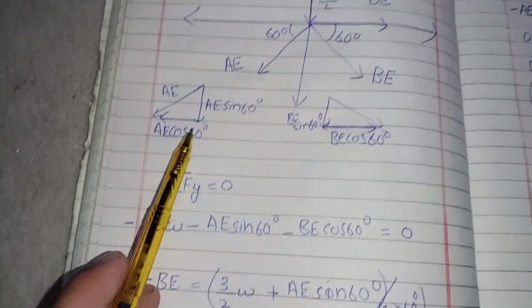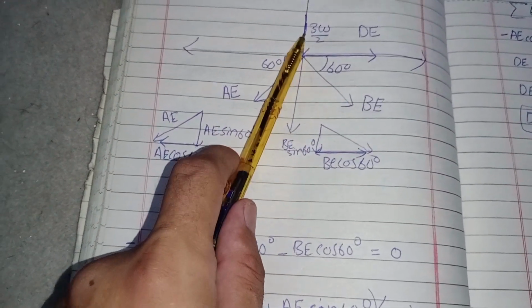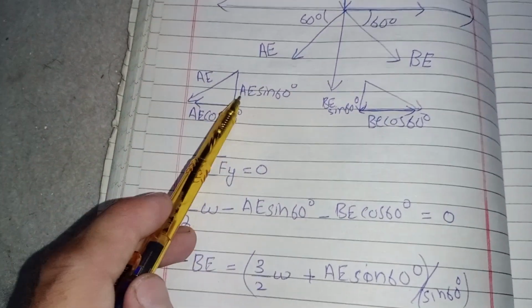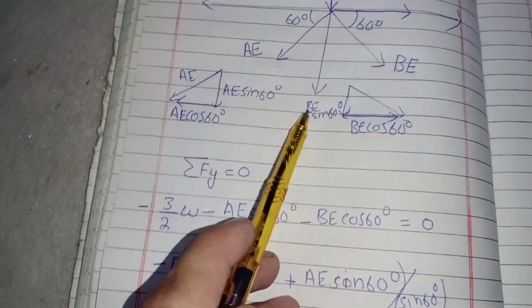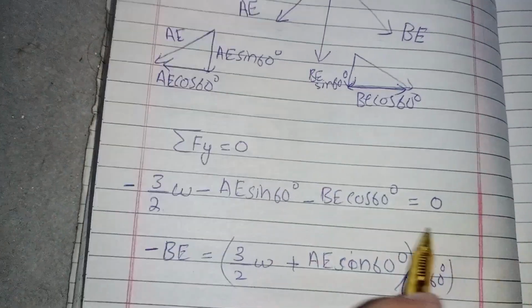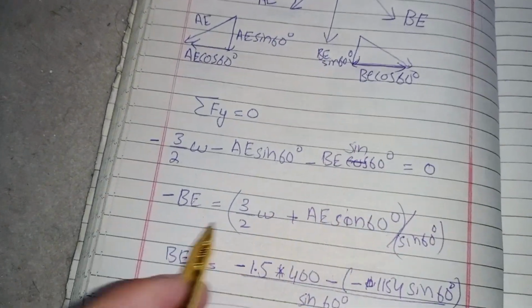So there are 3 vertical forces: this downward 3 divided by 2 W, and AE sine 60, and BE sine 60 equal to 0.